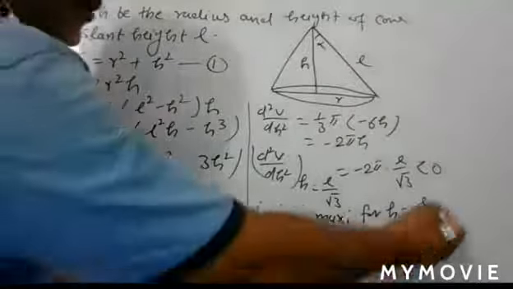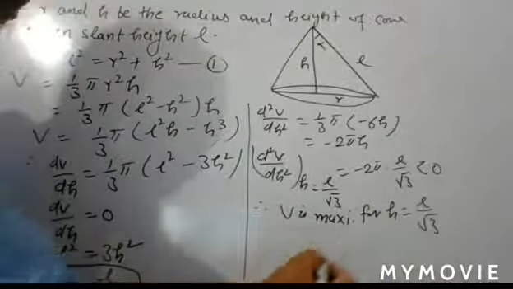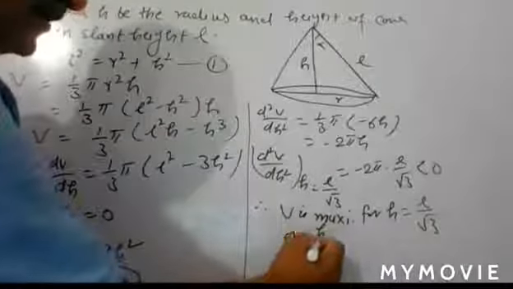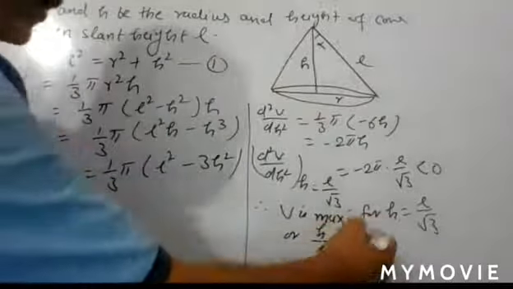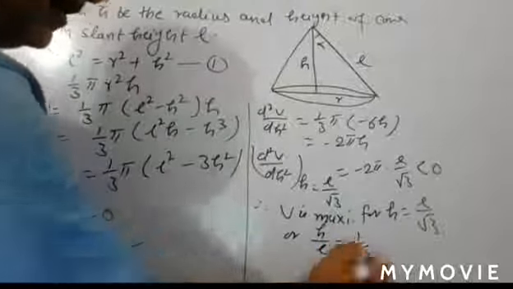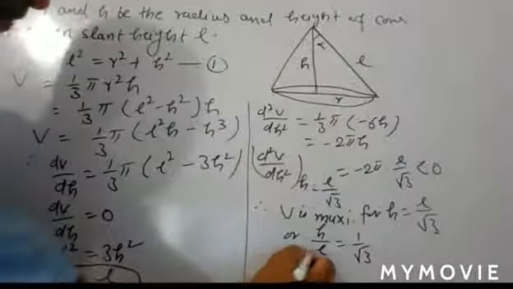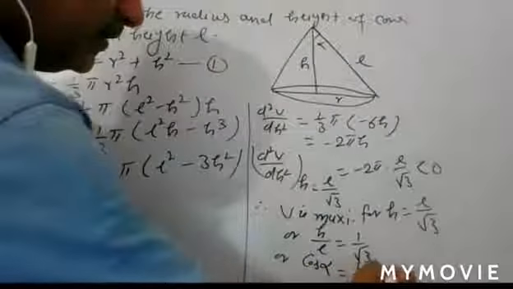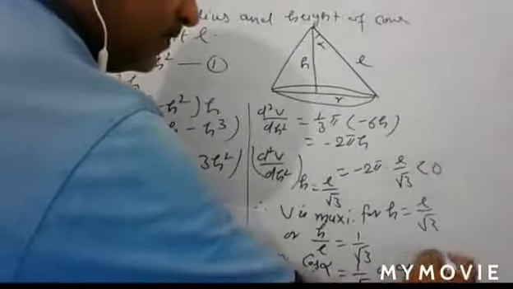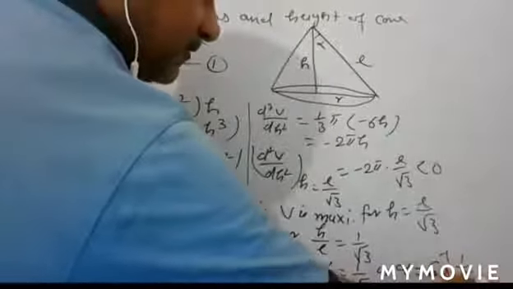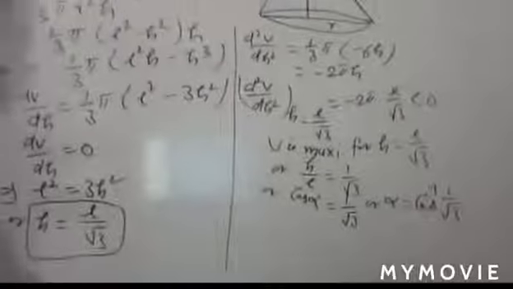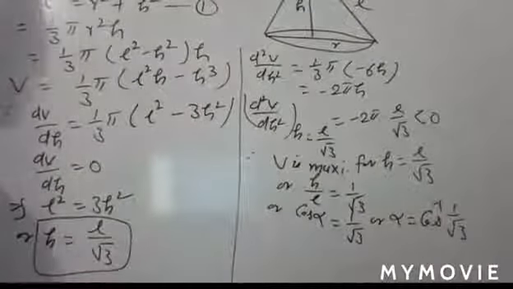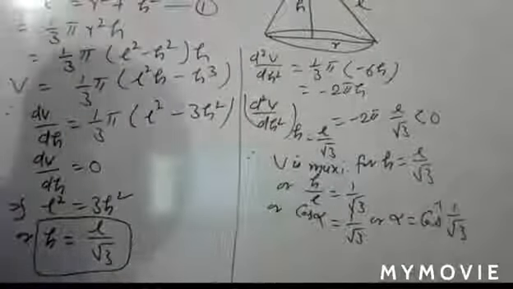So H is equal to L upon root 3, or H upon L is equal to 1 by root 3. So cos alpha is equal to 1 by root 3, or alpha is equal to cos inverse 1 by root 3. So in this way, you prove that the semi-vertical angle is cos inverse 1 by root 3.